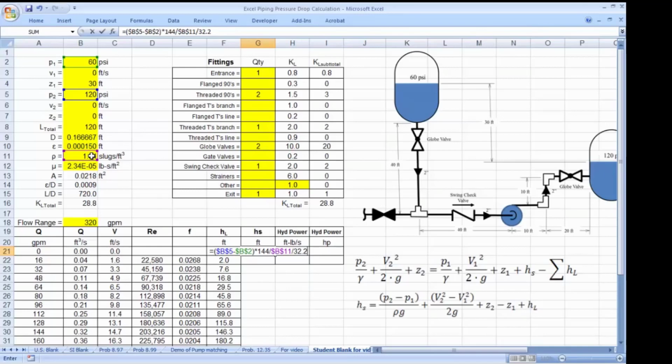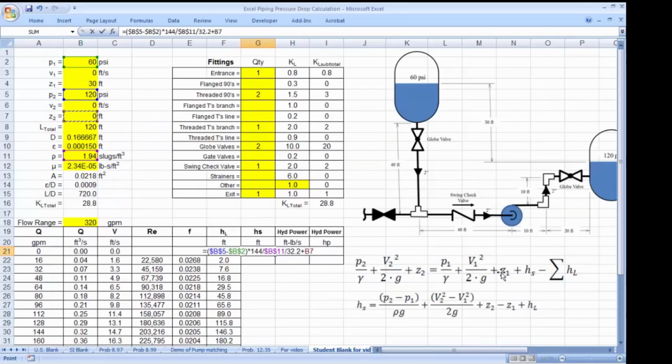It's the same number. All right, and then now we can go to the velocity 2 minus velocity 1. That's referring to the velocity at the very beginning and the velocity at the end, but recognizing that the velocity would change with the flow, I'm going to leave that out.